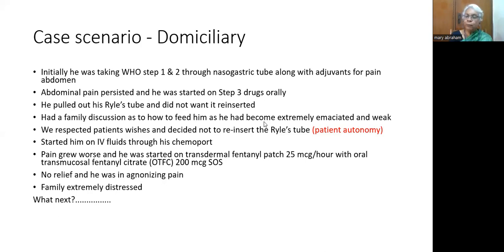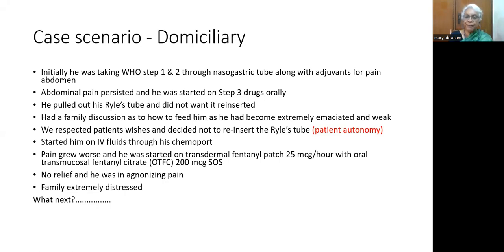But one fine day, he pulled out his Ryle's tube, and he had categorically mentioned that I do not want this inserted again. He was very averse to the Ryle's tube. So there was a family discussion as to how to feed him and how to give him the oral medications. Because by this time he was emaciated and very weak.